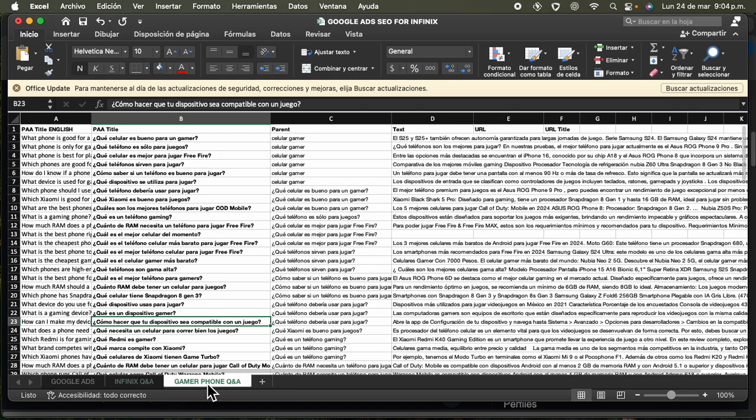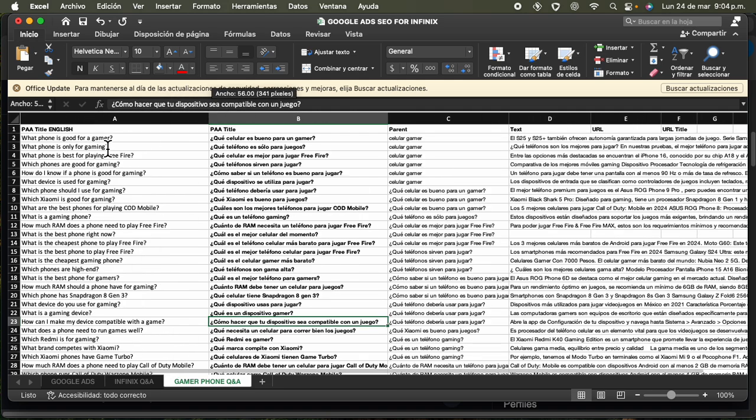For example, we did the same question and answers with gamer phone. For example, what is the cheapest phone to play Free Fire? Maybe you have a very accessible, instead of cheaper, accessible phone for playing Free Fire. We can talk about this phone that you have to play Free Fire at a very accessible price.